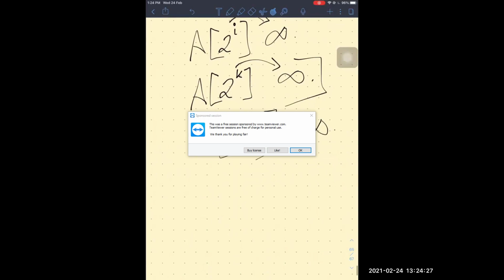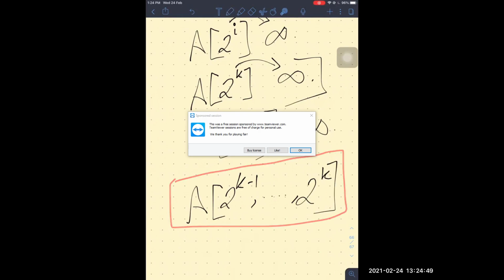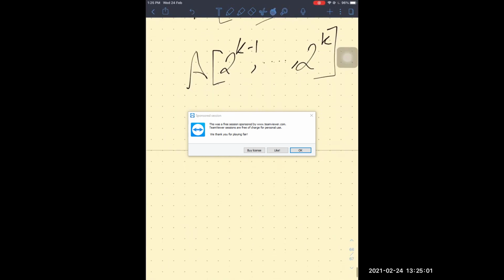So when we get a2 to the power k is infinite, then we perform a binary search in the subarray of a from 2 to the power k minus 1 to 2 to the power k. There we will perform the binary search and find the n, because this is not infinite and this is equal to infinite.